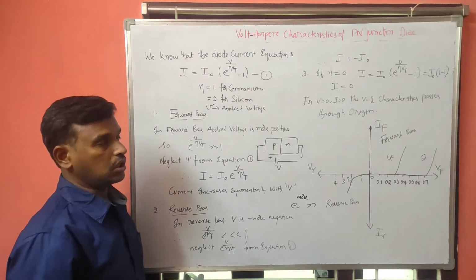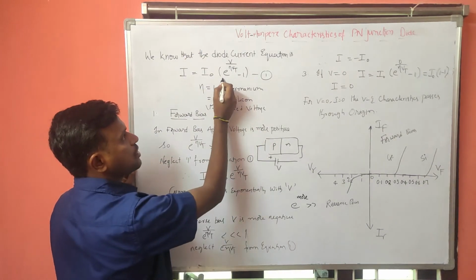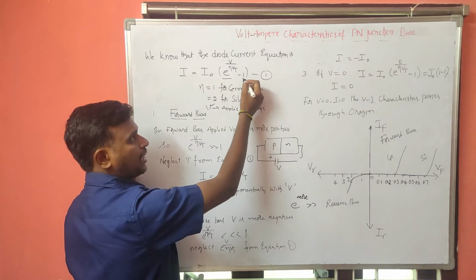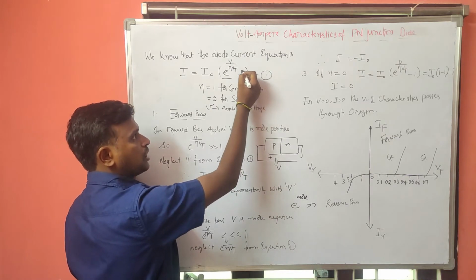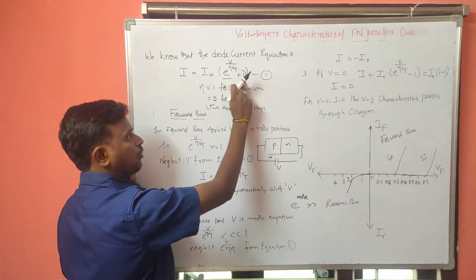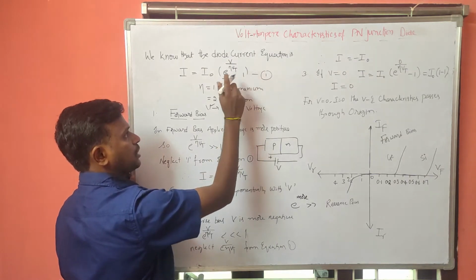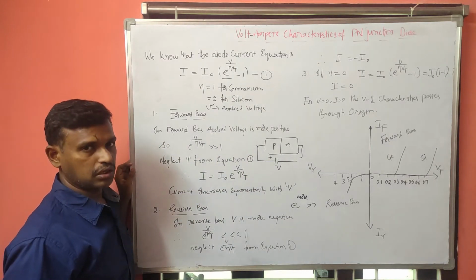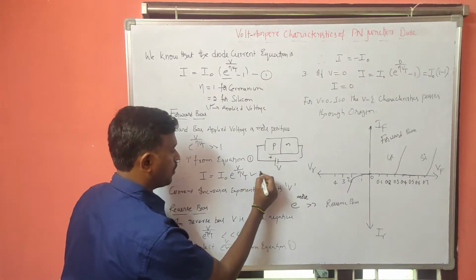If you consider that, this value will be very much greater than 1. Therefore we can neglect the 1 from equation number 1. So if I neglect that, what I will get is I equal to I naught into e power V by neta Vt.